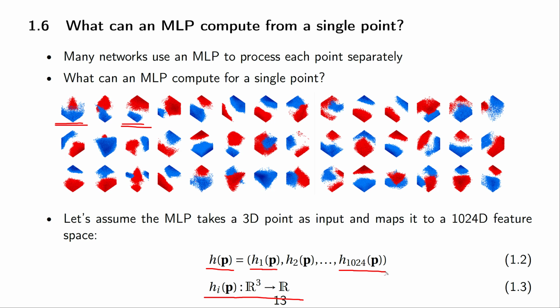So if you see an MLP that is applied pointwise, that means for each point individually, then this MLP has 3 scalars as input and as many scalars as output as you want, 1024 in PointNet. But you should think of each scalar that is computed as basically being such a scalar function, and the point is used to query this scalar function.